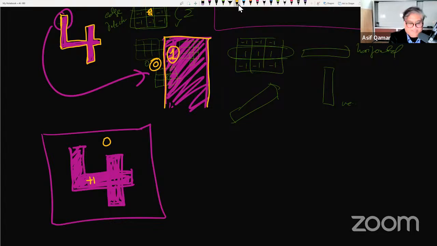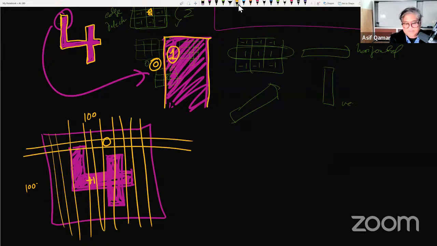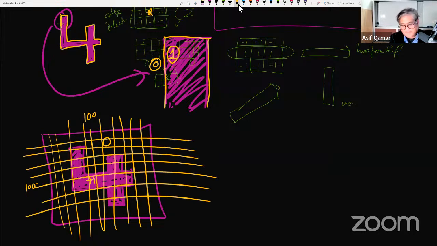So what it means is, suppose this picture is 100 by 100 pixels. It is decomposed into 100 by 100, 10,000 cells, 10,000 little pixels it is divided into.